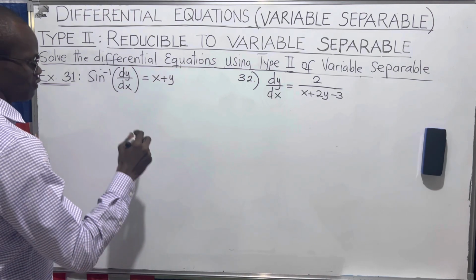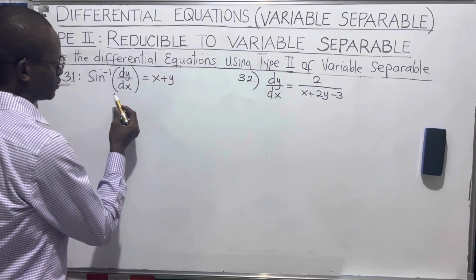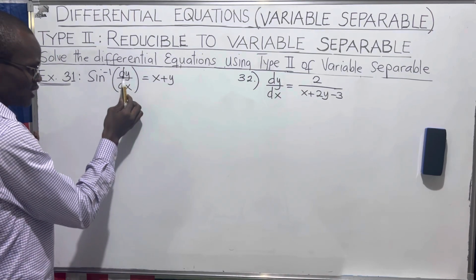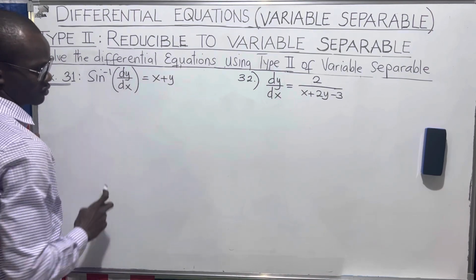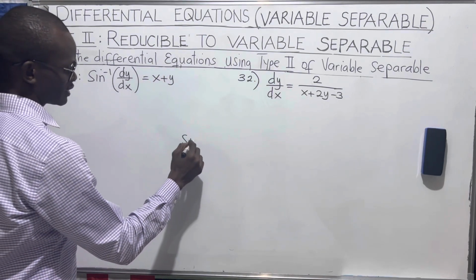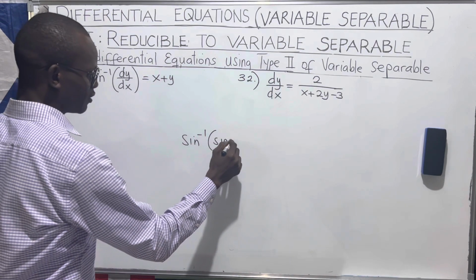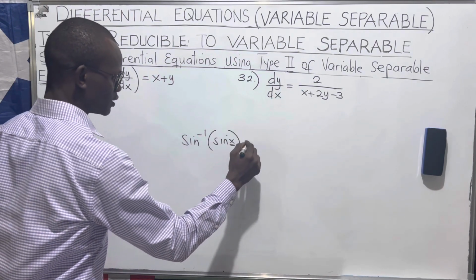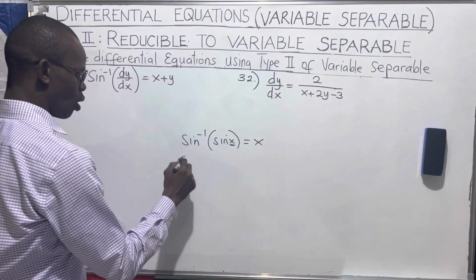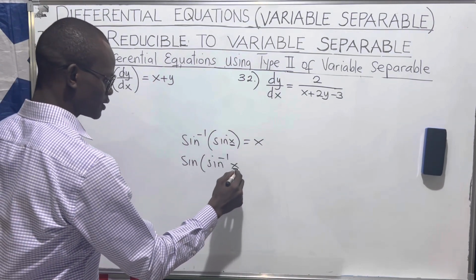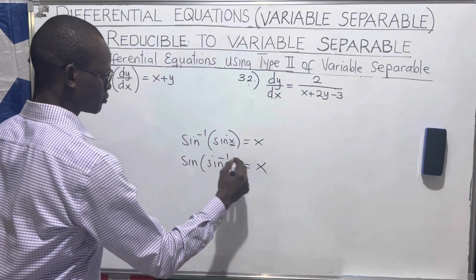Now, the first thing we need to do is to get rid of this inverse and get rid of this dy by dx within the angle of this trigonometric function. We know that sine inverse of sine of x is equal to x, or sine of sine inverse of x is equal to x.